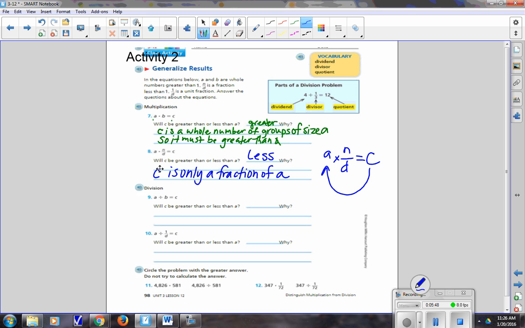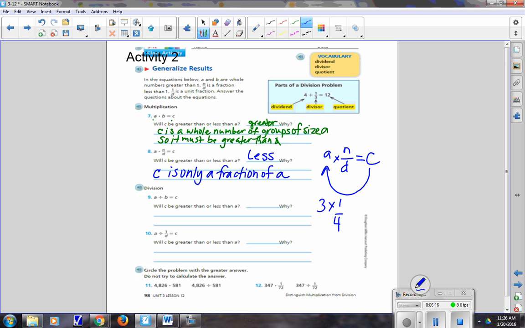It's that property, the commutative property. So when we read this multiplication problem, when there's a whole number and a fraction, we say N over D of A. Or we might say 3 times 1/4. 1/4 of 3. It's going to be smaller than 3, isn't it? Because I'm looking for a piece of 3.